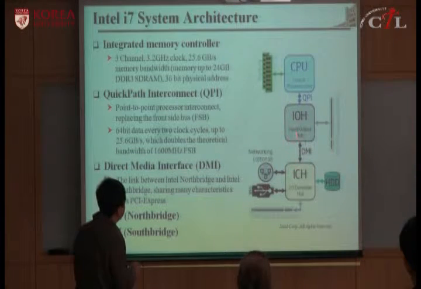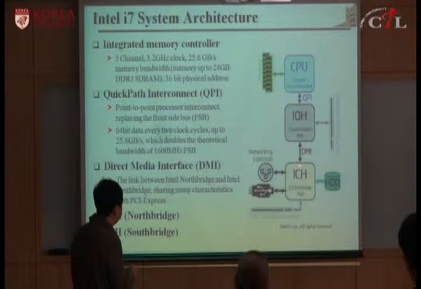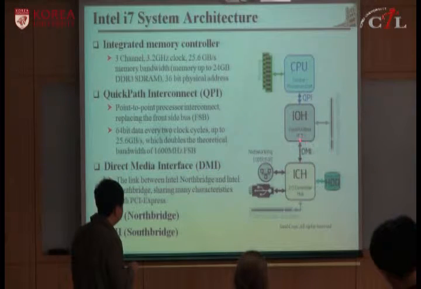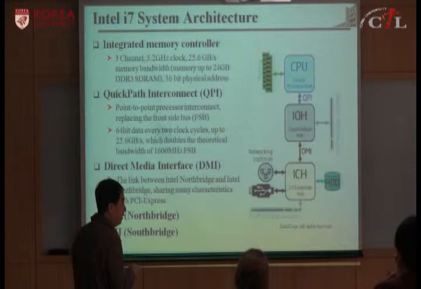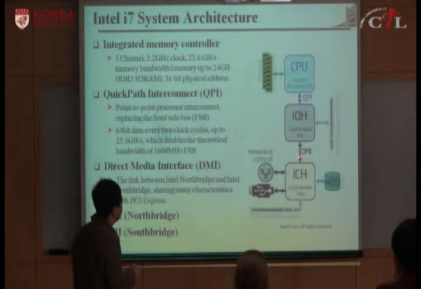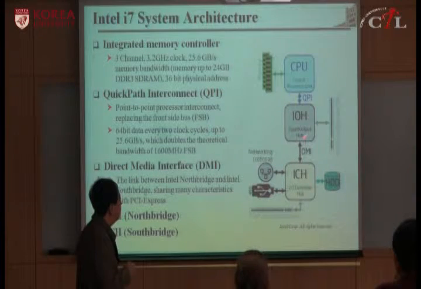This has a PCI Express bus connected, and this is another interface that connects this north bridge chip to the south bridge chip, called Direct Media Interface. This is the link between north bridge and south bridge chip, but this is about the same as PCI Express. They share many characteristics of PCI Express.